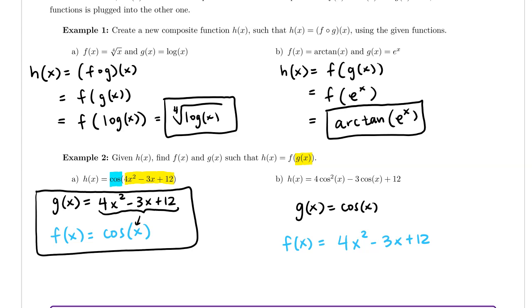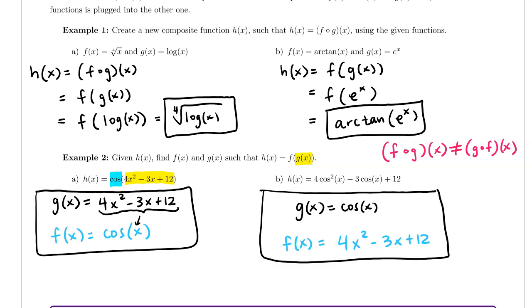What does that mean? That means that f composed with g of x is not the same thing as g composed with f of x. There is one special case where that is true, but in most cases that's not true unless the two functions are inverses of each other. So here is our final answer for part b of example 2.